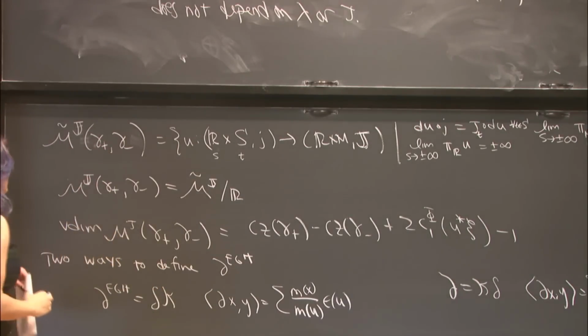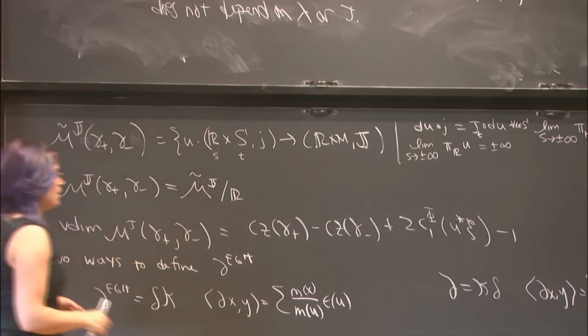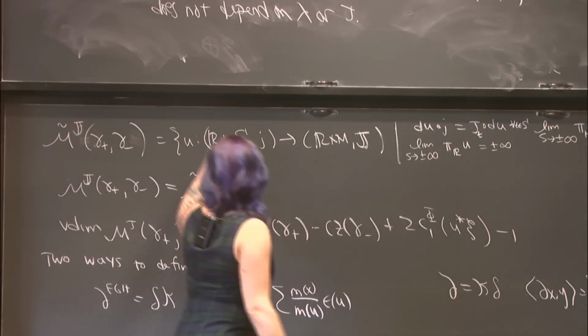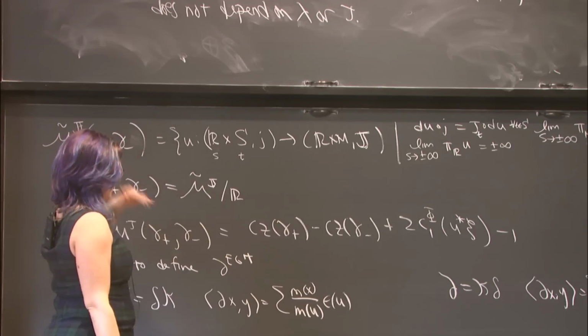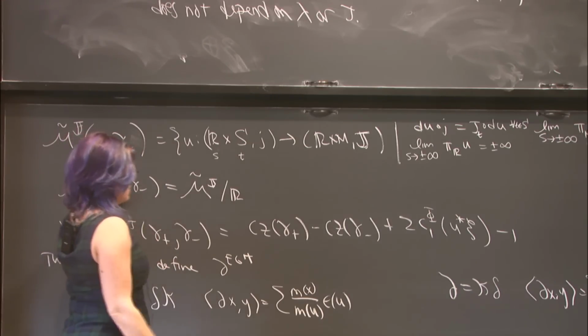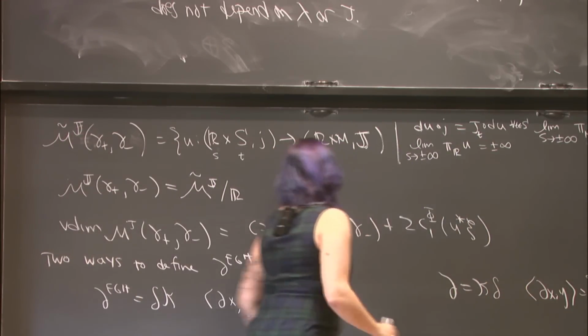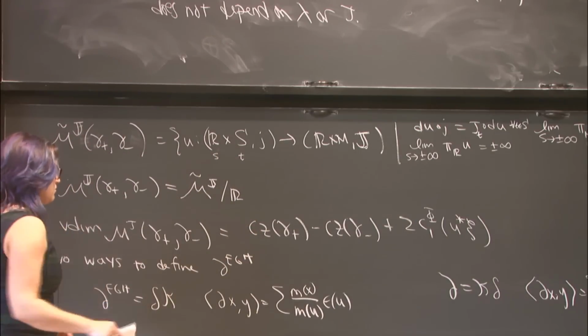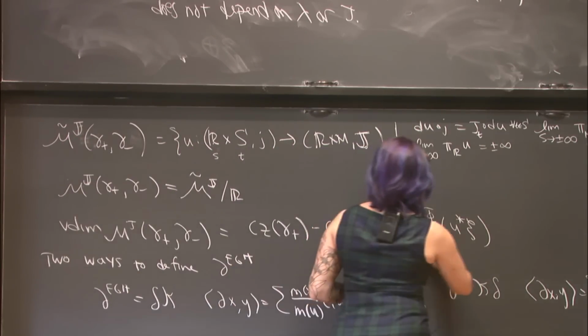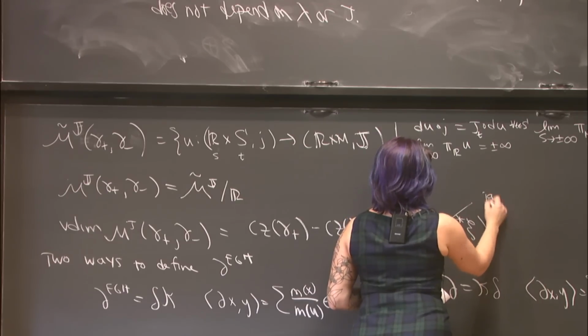But because I didn't mod out by the R action of the domain, the dimension of this moduli space is 1 greater than the time-independent one, as is this. And so this -1 no longer appears. And so the first thing, normally you can make some assumptions so that we can ignore this.